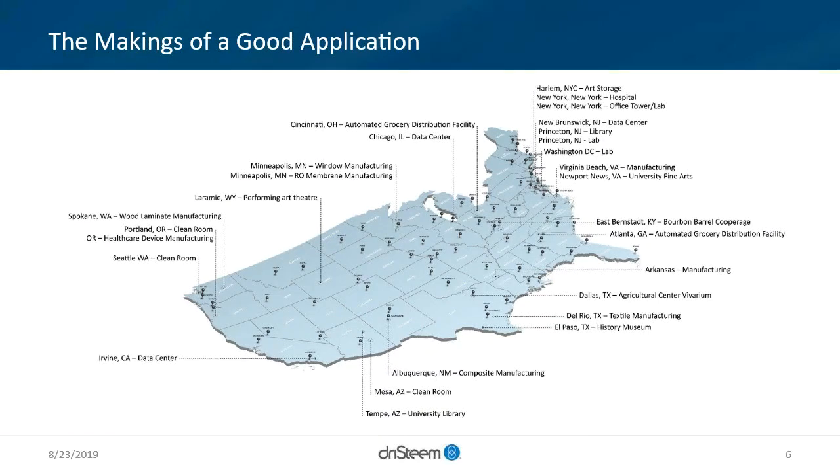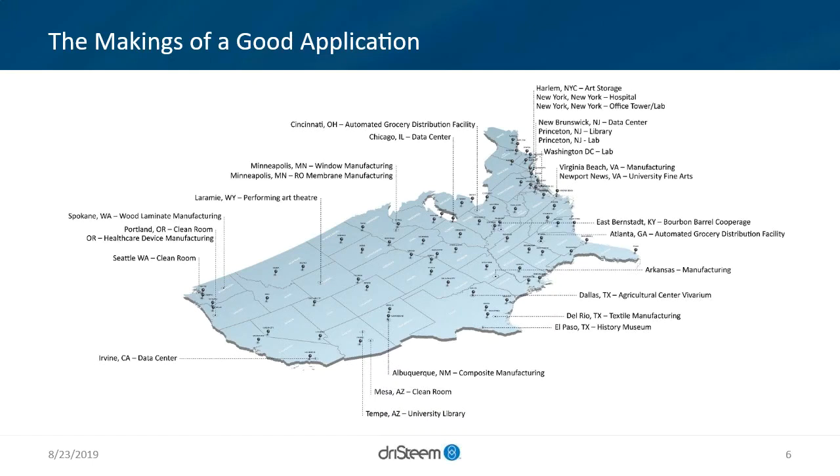Looking at making a good application, what I wanted to show in this slide and the following slide is that it's not the typical geographic location that everyone's used to thinking of, where can I get free cooling? Where is it hot and where is it dry? That would be very true if we were looking at 100% outside air situations. Obviously, we don't want to have to preheat the cold air if we're talking full outside air.